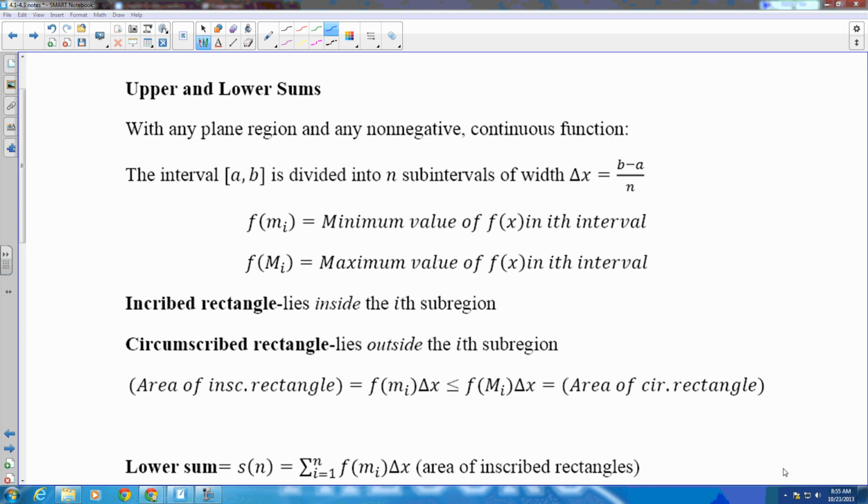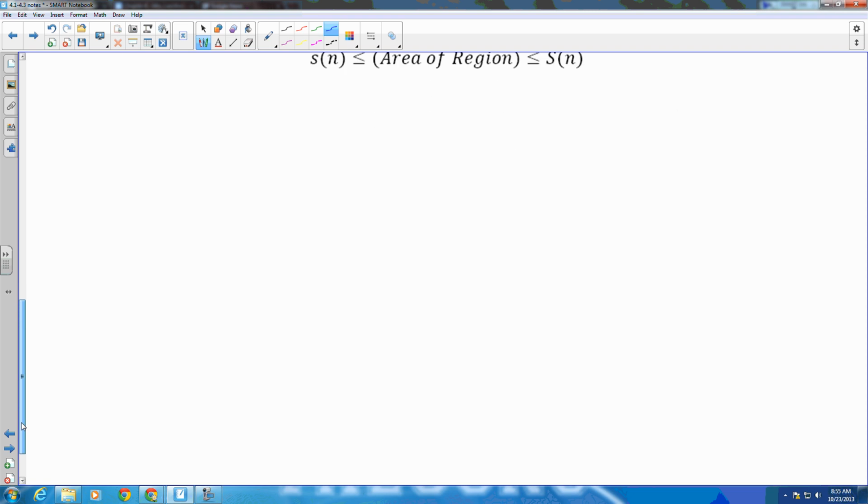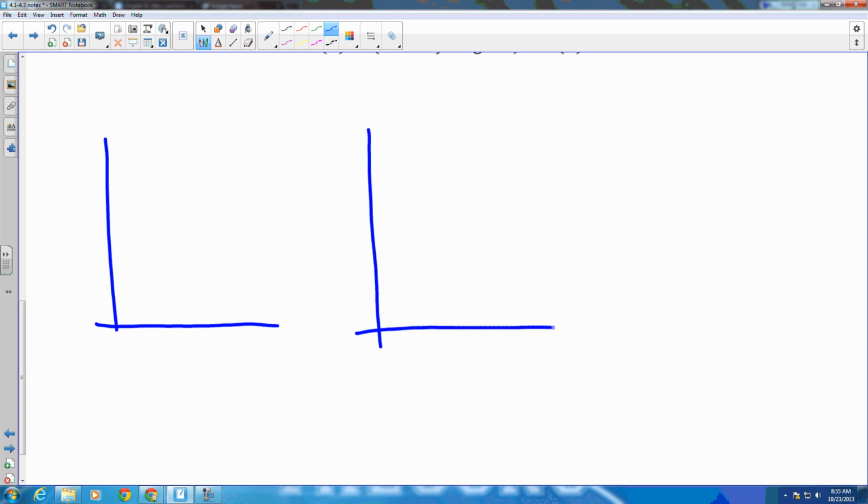Little f of little m i is the minimum value, and f of capital M i is the maximum value. I'm going to draw some pictures down below which explain the inscribed and circumscribed rectangles.